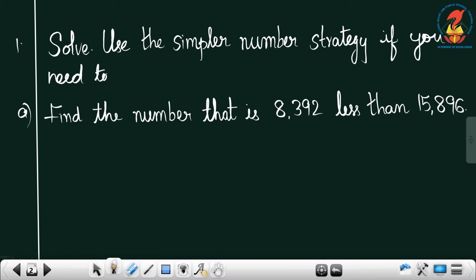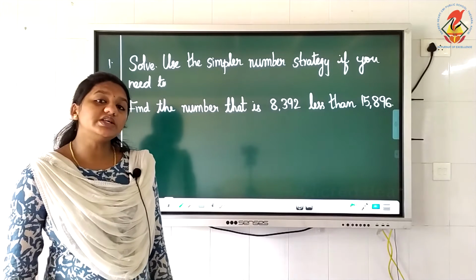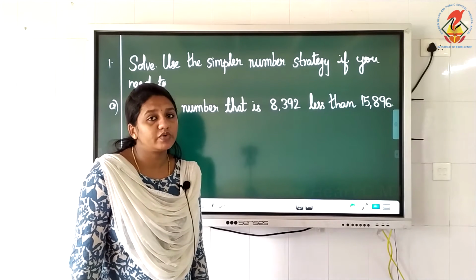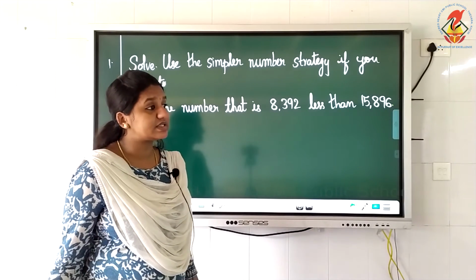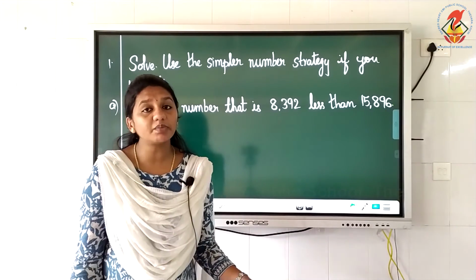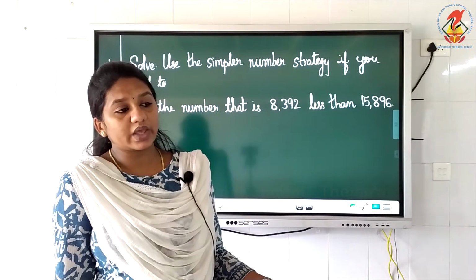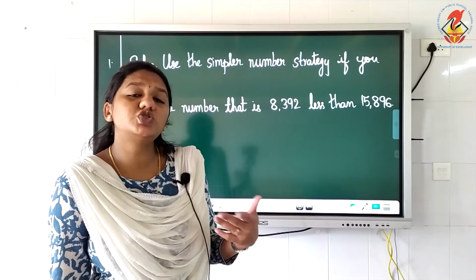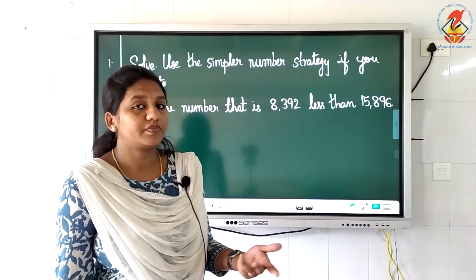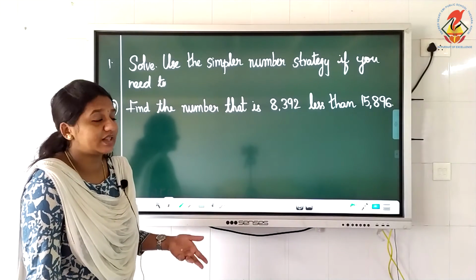The question is, find the number that is 8392 less than 15896. When we discuss the word problems, we already said: if the questions are coming less than, more than, altogether, in these cases which operation will we do?